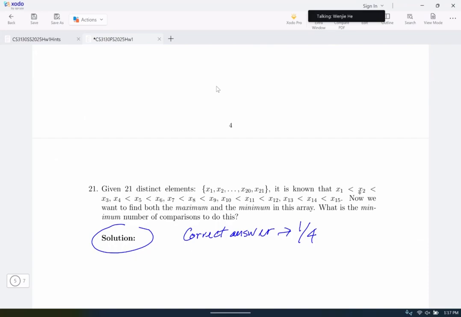Details are important. So many students skip that part. If you put details, you can at least earn partial credit, even if your answer is incorrect. Okay, all right, so that's the first big problem.